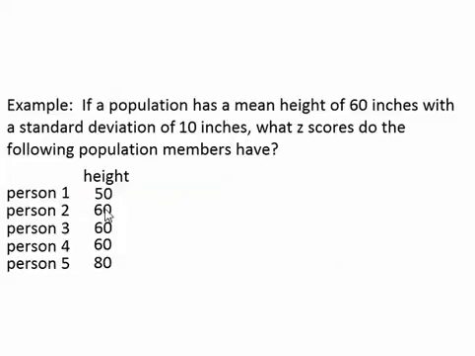And we know that all of these people who were 60 inches tall have z-scores of 0 because they're right at the mean. And we also know that this person who has a height of 80 inches has a z-score of +2 because if you start at 60 and go up by 10, that's 70. And if you go up by 10 a second time, that's 80.